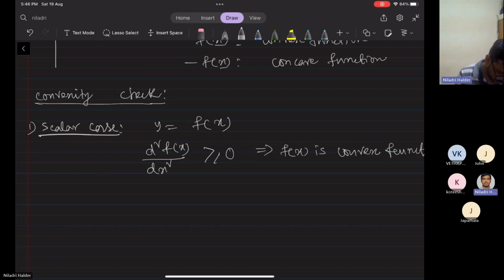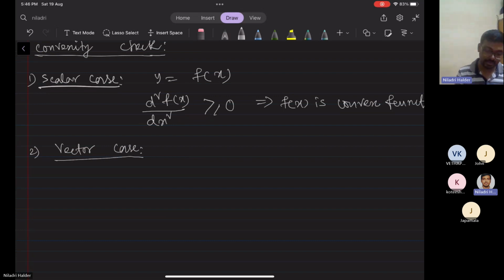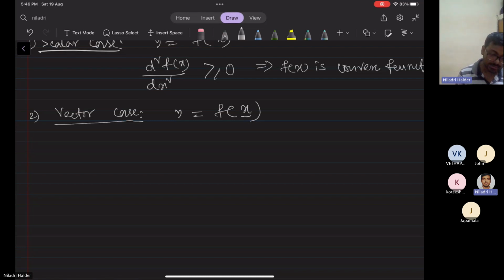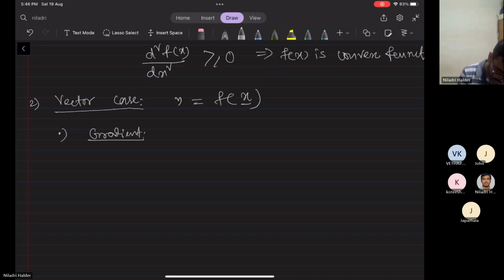Now for the vector case, x is not a scalar. Suppose y equals f(x). The function is scalar, y is scalar, but x is not scalar. For this case, the first order derivative is defined using the gradient.